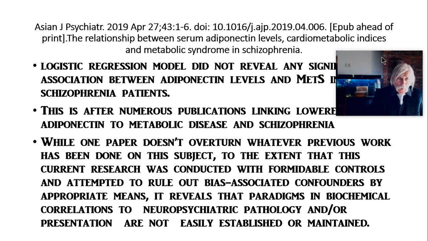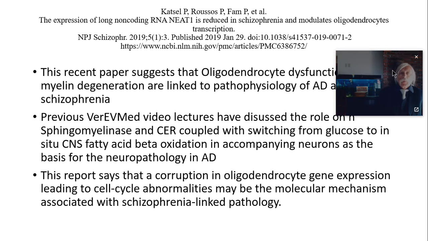Okay, so with the last paper, we already, I think, roundly and soundly refuted that we could really come to conclusions. Here's a paper which says all the work that's been suggesting adiponectin levels and metabolic syndrome associated with schizophrenia, this paper did not support that at all. It was well done.